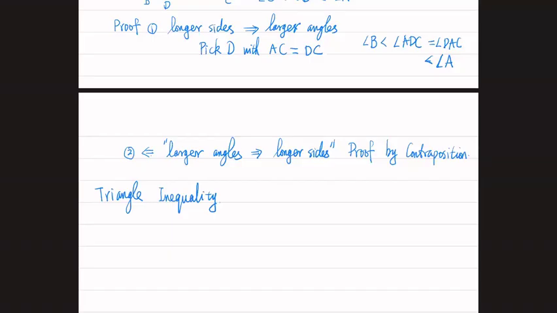For any triangle A, B, C, we have that the summation of the two sides is always bigger than the third side.